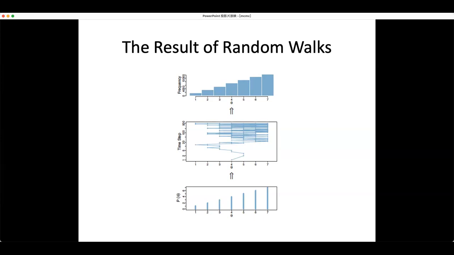But you may argue, wait, this is just one special case, right? It turns out that this is always going to be the case. Not only that, you may argue that maybe the starting point plays an important role here, because we start from the middle.